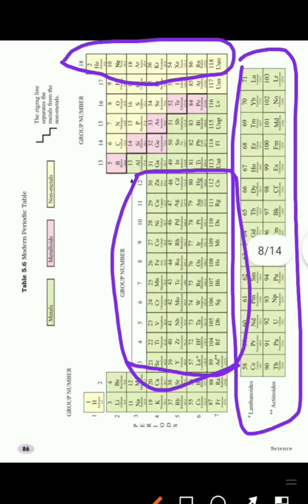Group 1 and 2 elements are S block elements. Group 13 to 18 are P block elements. Group 3 to 12 are known as D block elements, and lanthanoids and actinoids are known as F block elements.